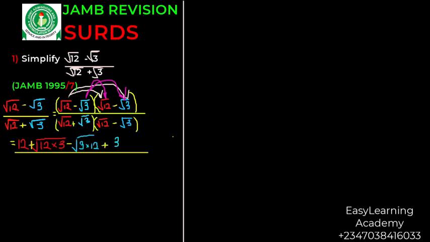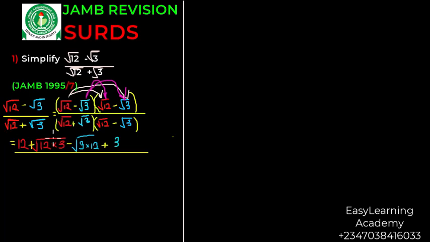Now look at this. The denominator is a conjugate: square root of 12 plus square root of 3 times square root of 12 minus square root of 3. I wouldn't want you to go through this process of multiplication in the exams hall.